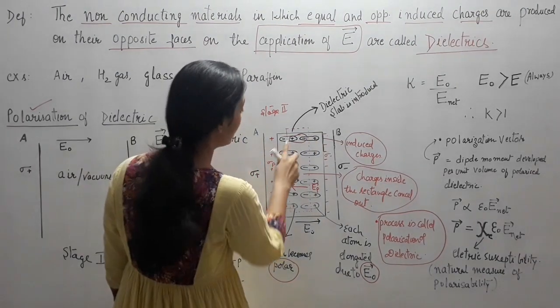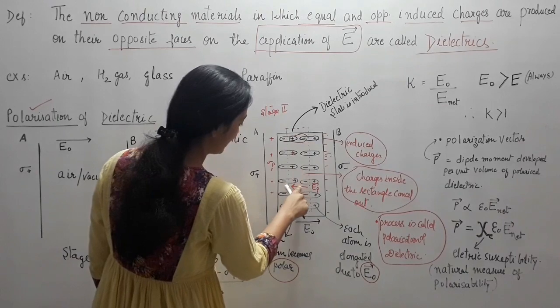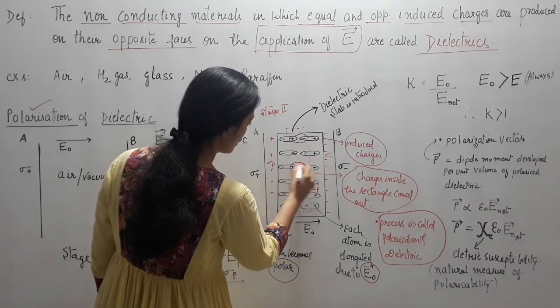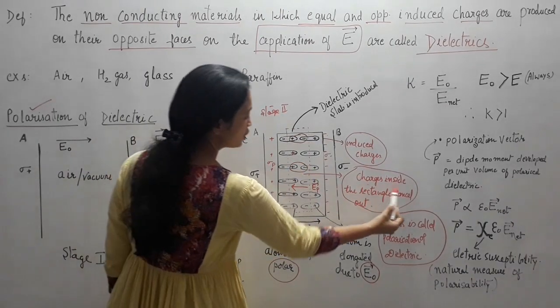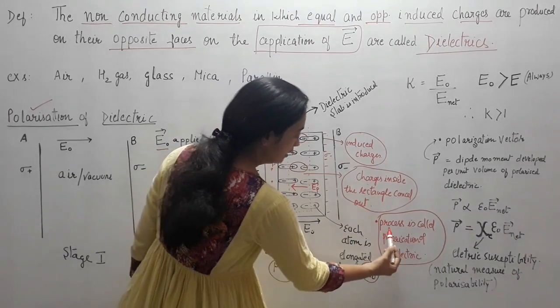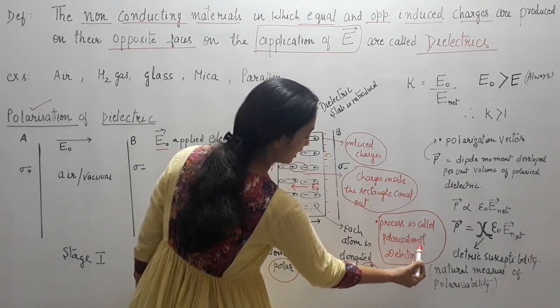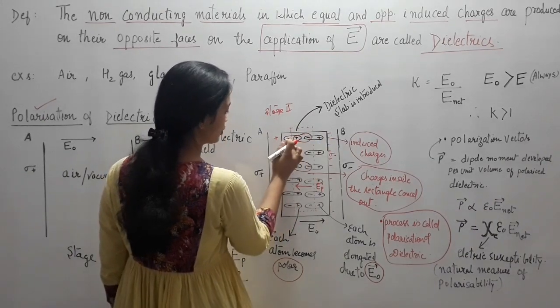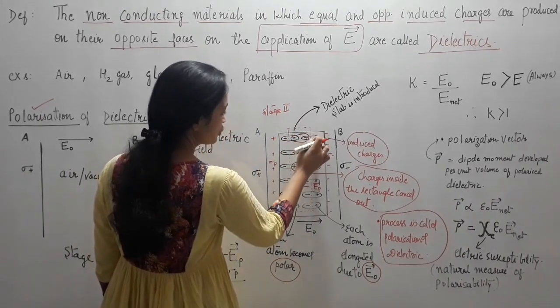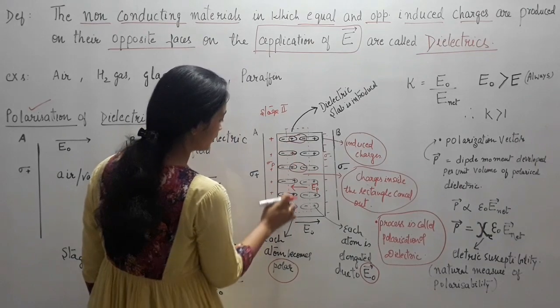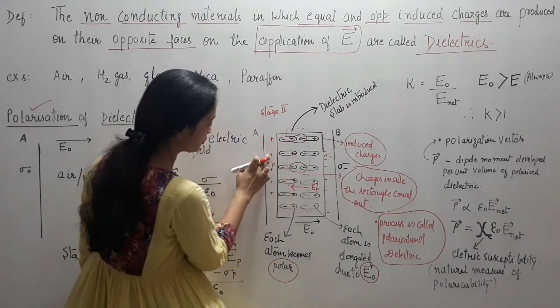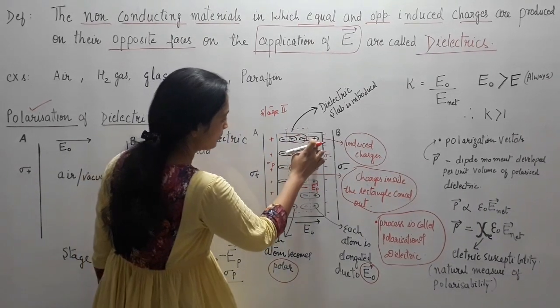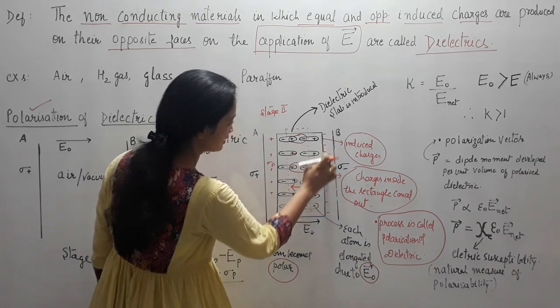They cancel out each other. All these charges being equal and opposite, being very close, cancel out each other. Charges inside the rectangle cancel out. This process is called polarization of dielectric. What has happened? Only these extreme charges remain: the extreme negative is accumulated towards the positive plate, and the extreme positive is accumulated towards the negative plate.